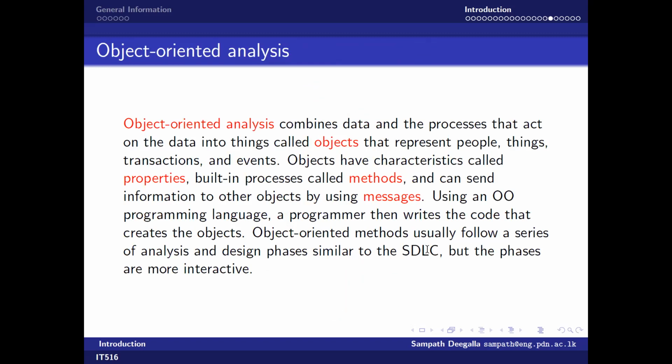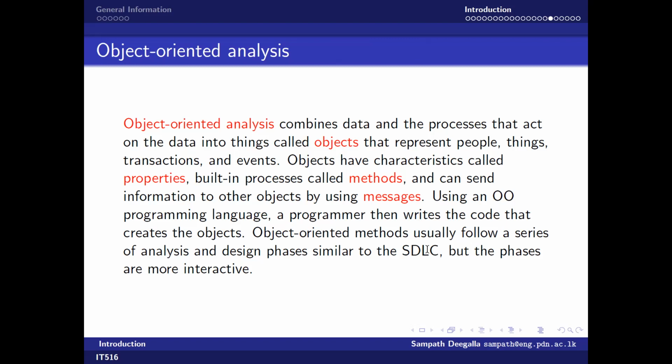Right. Now, if you move to object-oriented analysis, in object-oriented analysis it's not only data that you talk about, you include the processes as well. For example, the object could be people or things or transactions or events, right? And for each of these, you can look for some characteristics or properties.